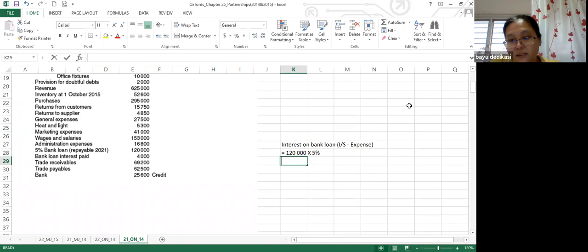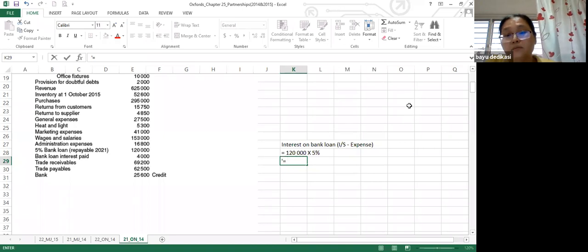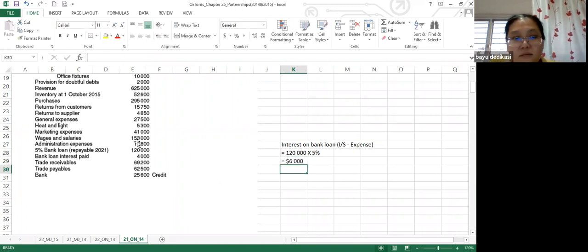So you will get this total amount to be recognized, 12,000 times 5%, 6,000. So this, remember, 6,000 is your expense. Whereas the amount paid is 4,000.